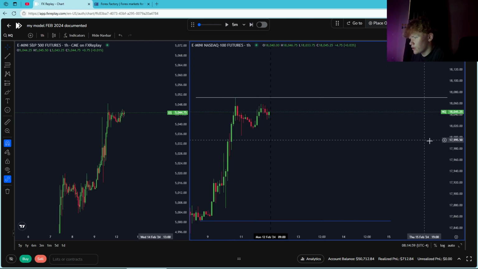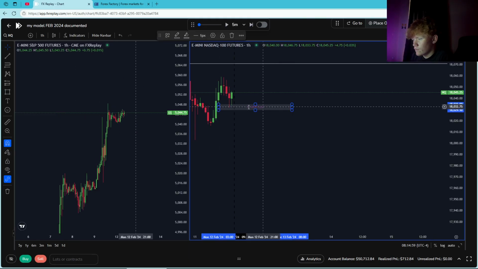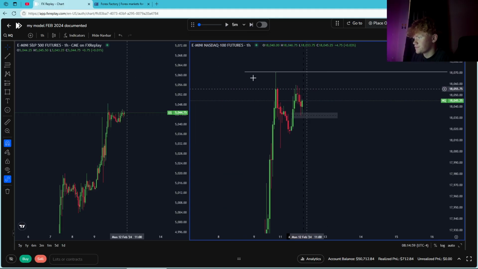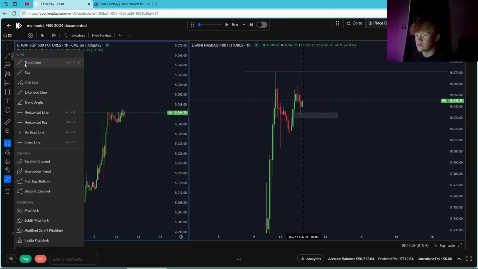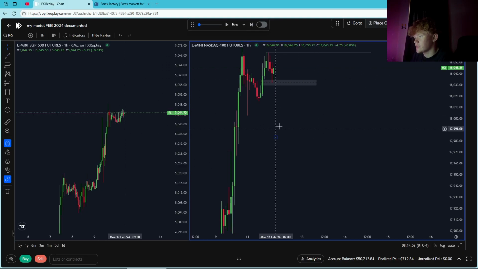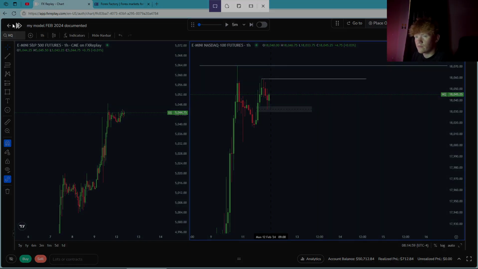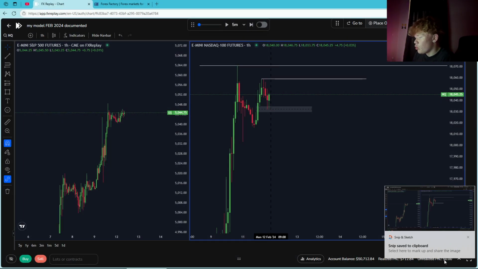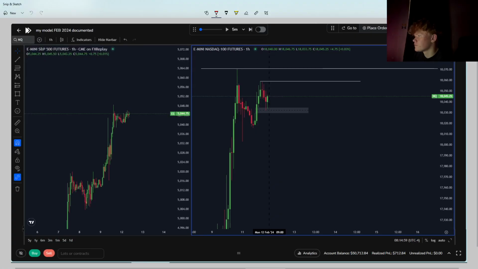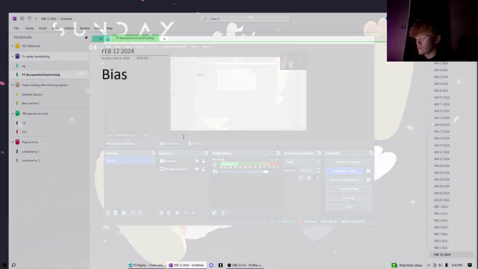The 1-hour, we are also pushing out of this 1-hour gap right there, and we have these highs above. So I mean, at the moment I'm bearish just because we're reacting very bullishly off of these gaps and whatnot. So I'll say that. Oops.